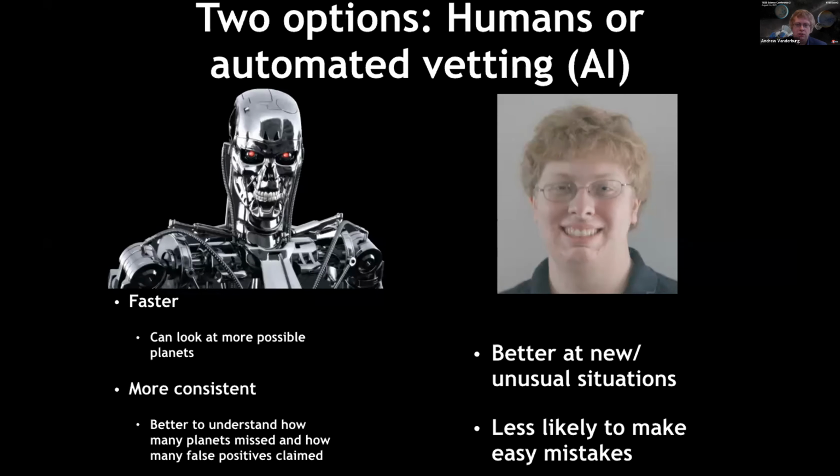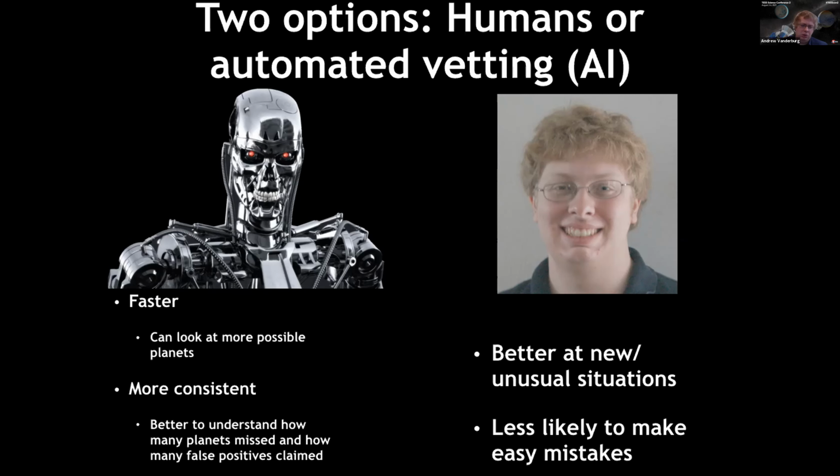The other option is to use some sort of automated vetting or artificial intelligence. When I say artificial intelligence, I don't necessarily mean the Terminator. What I mean is that you use some sort of computer algorithm that's designed to mimic an intelligent decision, such as planet or not planet. The advantage of an automated system is that it can be faster. Computers can scale much faster than humans, and they can make these decisions really efficiently.